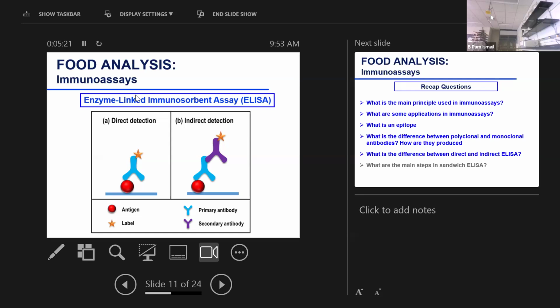Now, I ended the lecture there last time, and I told you why we do that: it's easier to buy an already labeled antibody rather than label it in the lab yourself. So this would be an available reagent, and we buy one that recognizes the primary antibody that we are using. Let me give you an example.